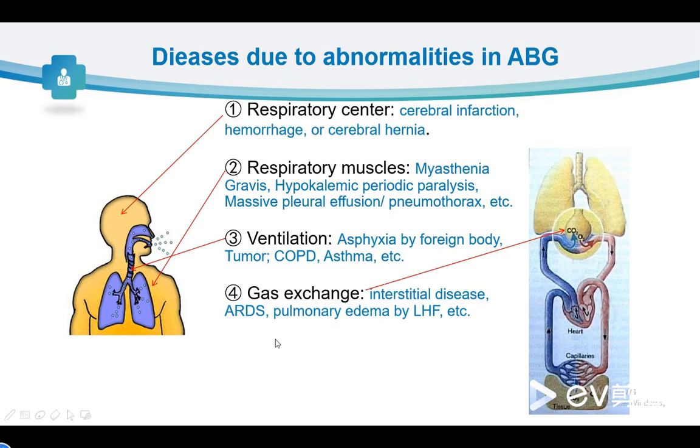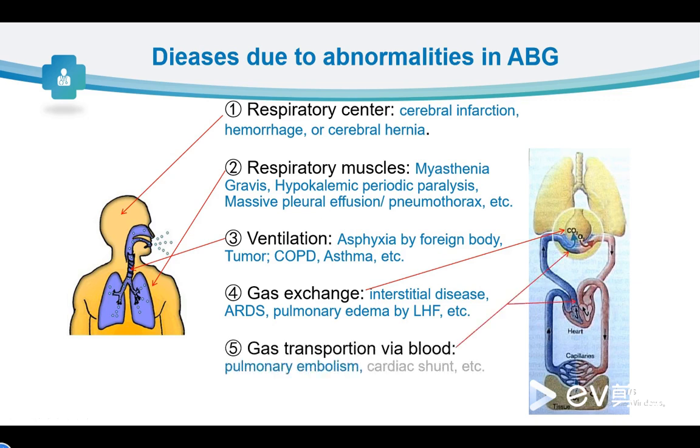If the gas exchange is normal, and there are some abnormalities in the gas transportation with blood, it can also cause an abnormality in the arterial blood gas analysis, such as the pulmonary embolism, which shows the abnormalities in the pulmonary circulation. The cardiac shunt or arterial venous shunt can also show the abnormality of the systemic circulation.